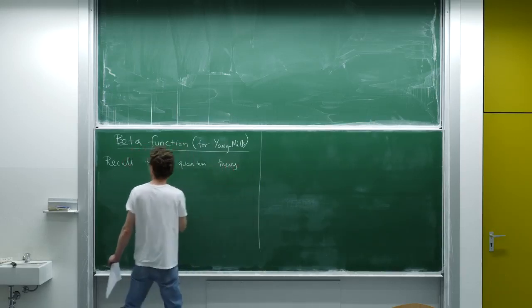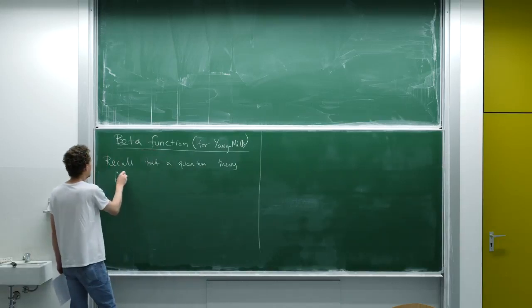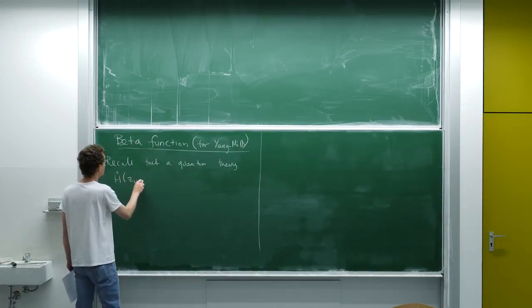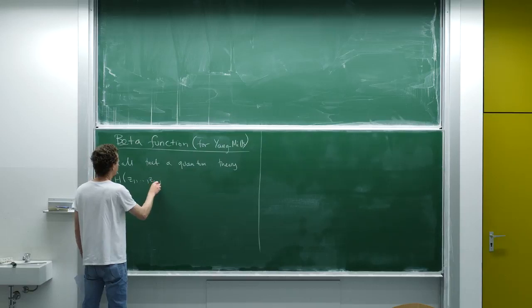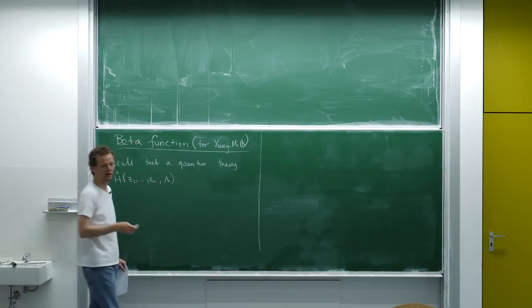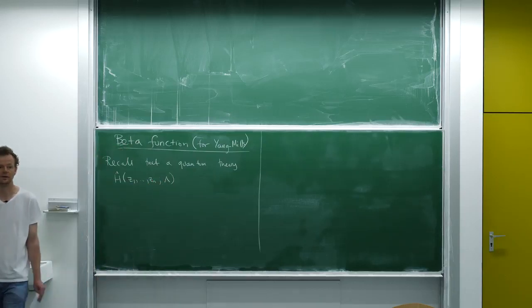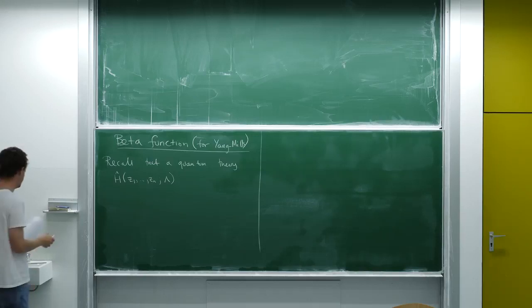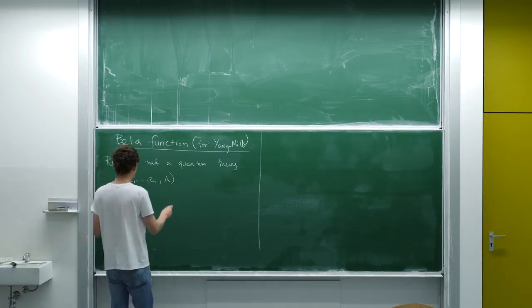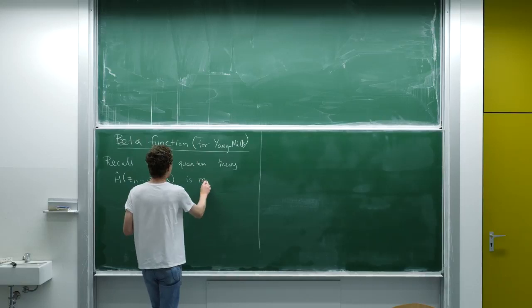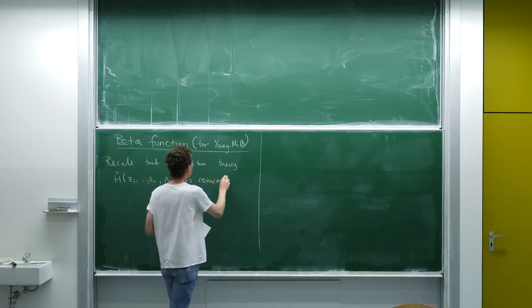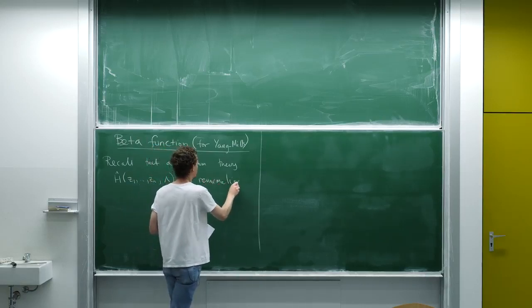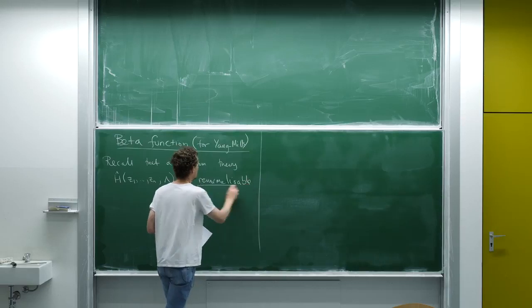So a quantum theory with Hamiltonian H, depending on n parameters, z1 through to zn, and some cutoff that makes it well defined, such a theory is renormalizable.